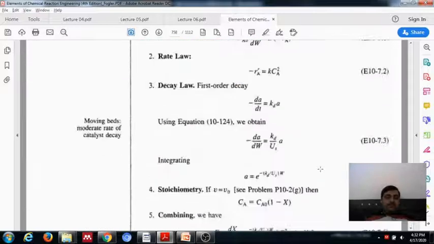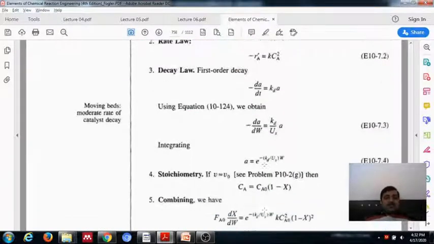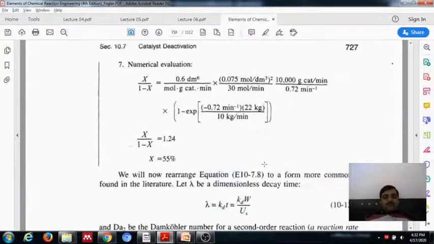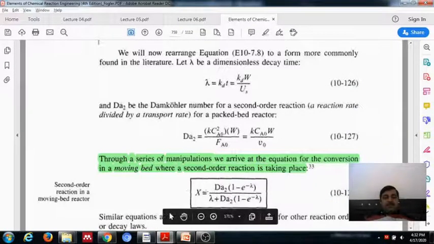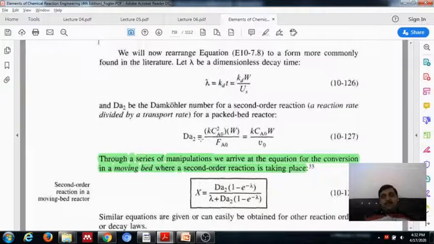We have found the conversion using these design expressions. We have seen finally an expression given by Abid for the second order reaction, which uses the dimensionless decay time and the second order Damkohler number.